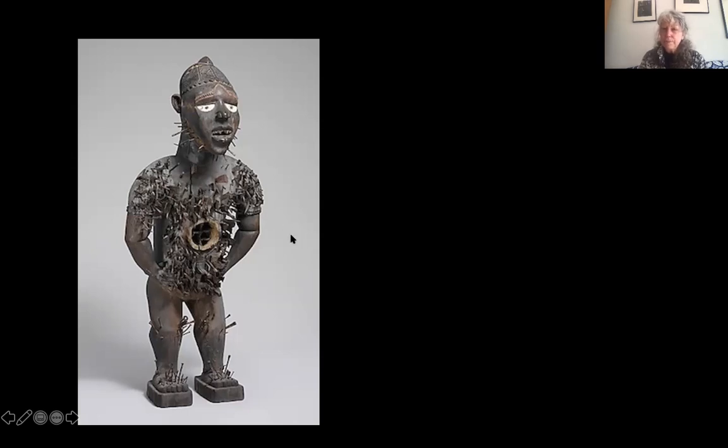The thing about Europeans and their appropriation of these objects is that they didn't understand how the objects functioned in the culture that the object came from. And to be honest, a lot of them didn't really care. It was more about the formal qualities, the way the object kind of spoke to them personally. So for a surrealist, it was an image of modern angst in some way.